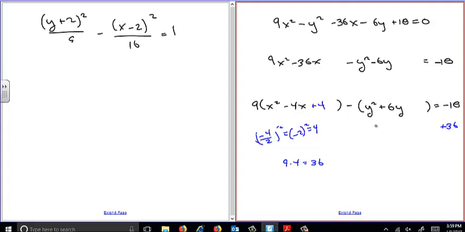And here we take 6 divided by 2 squared, which is 3 squared, which is 9, so we add 9. But notice the negative sign, so we're really subtracting 9 at this point. If this had a number like negative 2 out front, we'd be subtracting negative 18, but in this case it's just negative. So we're subtracting 9, so we have to subtract 9 from both sides to balance that out.